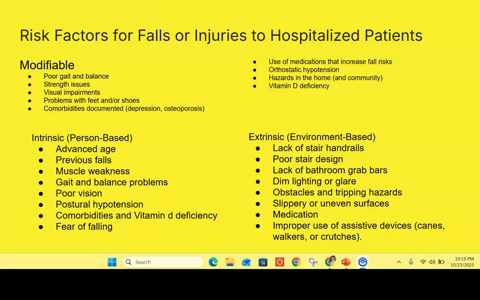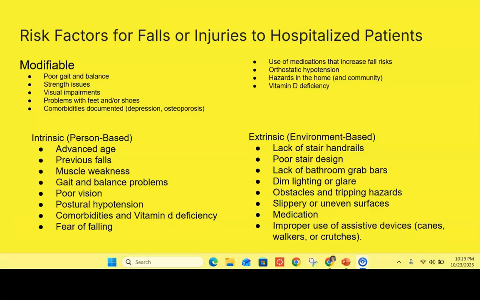And then a vitamin D deficiency. Vitamin D is directly needed to absorb calcium, and lack of vitamin D can cause that bone weakening, which can ultimately cause a fall or injury.